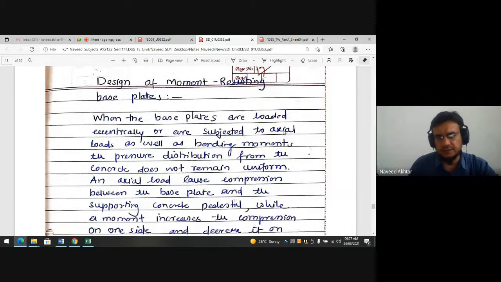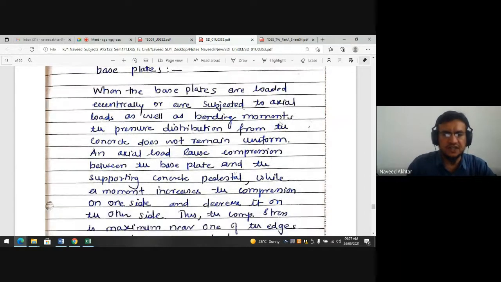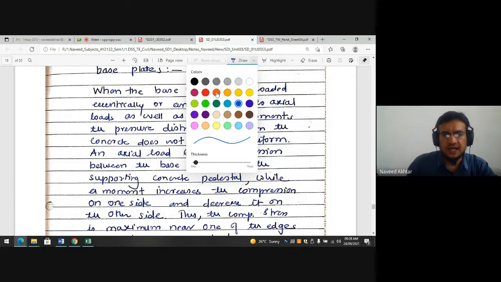Now the third type of base plate is the moment resisting base plate. When the base plate is loaded eccentrically, or subjected to axial load as well as bending moment.